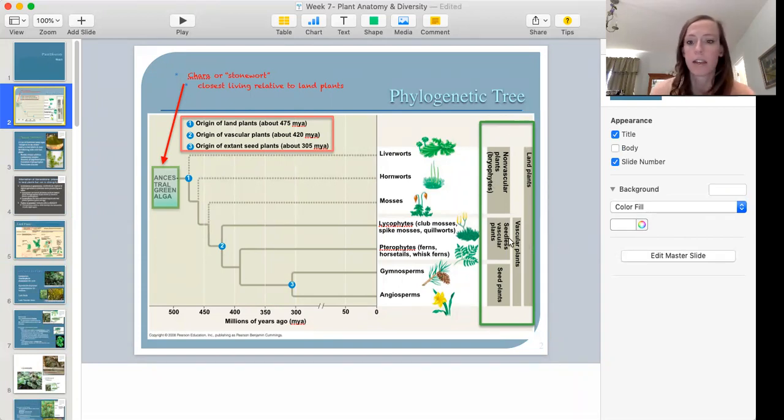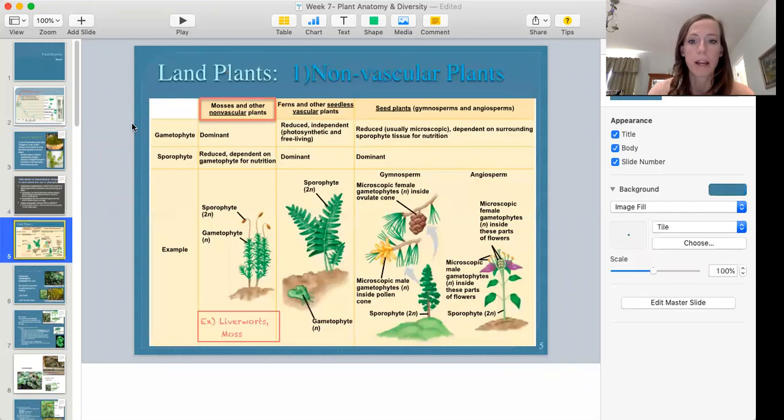And then the next one are seedless vascular plants, followed by seed plants. So our non-vascular plants are in the first column, seedless vascular plants are in the second column, and our seed plants, our most developed, largest, most specialized plants, are going to be in the final third column.